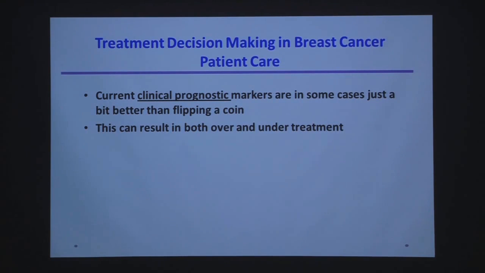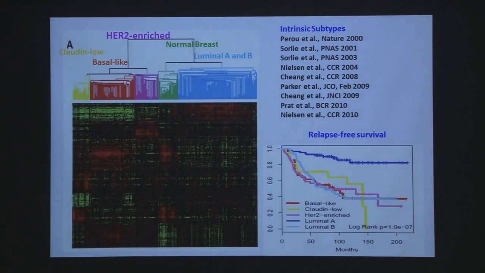And we want to do better in terms of being able to assess that, better than flipping a coin, by incorporating some additional information. And this is really important because we don't want to overtreat or undertreat a person; if we know that they're going to do worse, we might be more aggressive with treatment options.